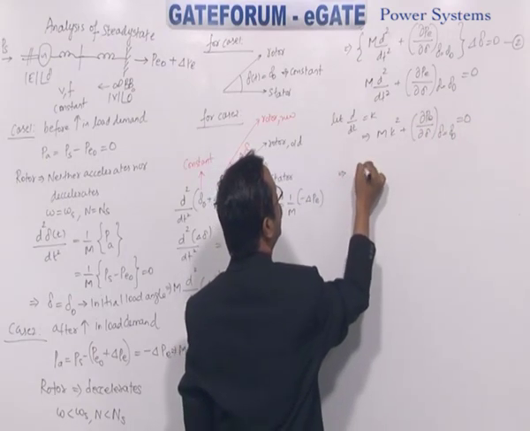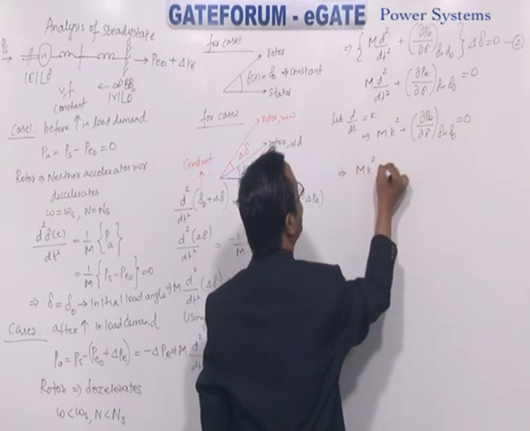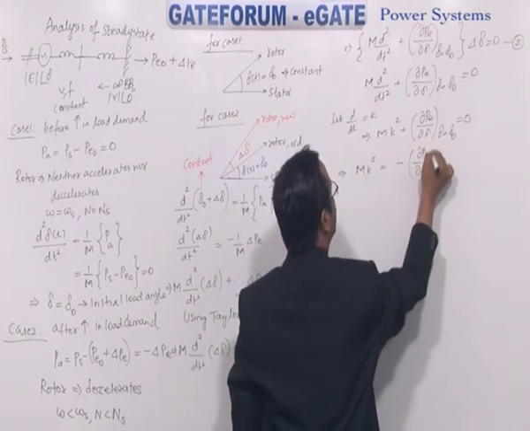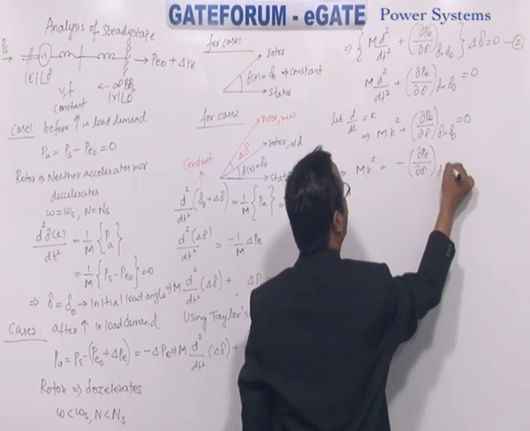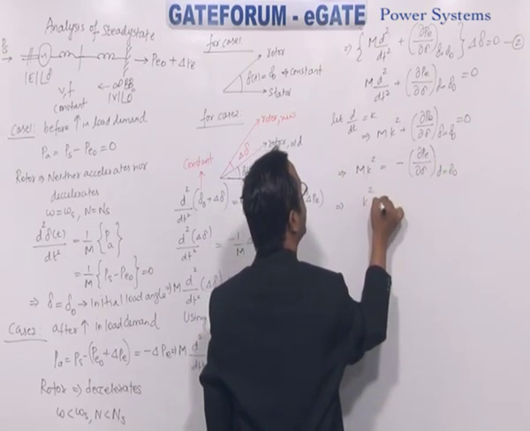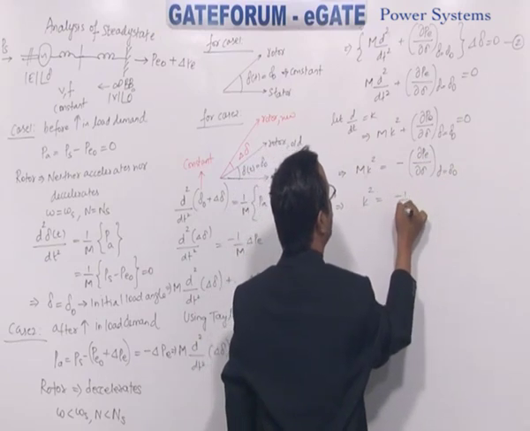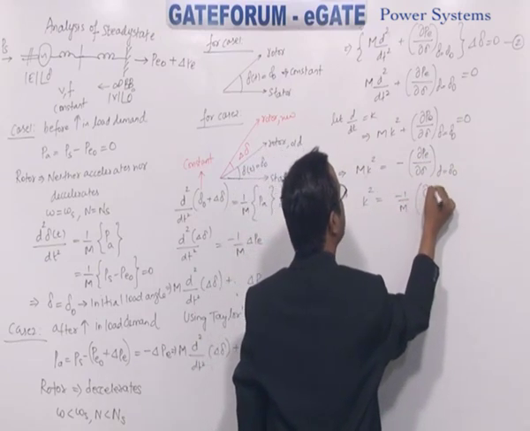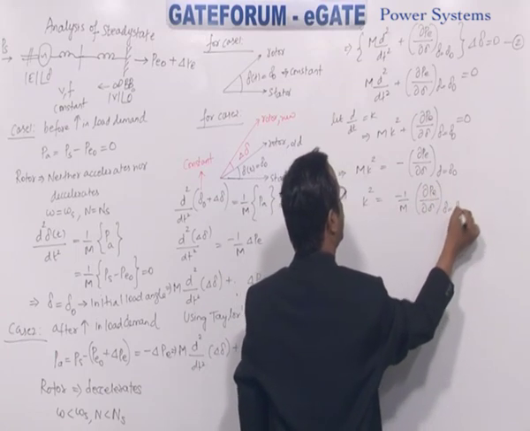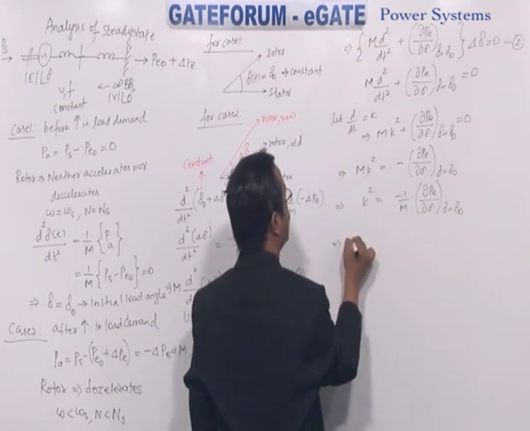From this you find out what is k now. So you get minus ∂Pe/∂δ evaluated at δ0. So k² is minus 1 by m ∂Pe/∂δ evaluated at δ0.